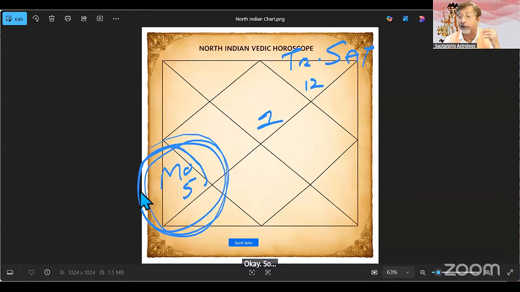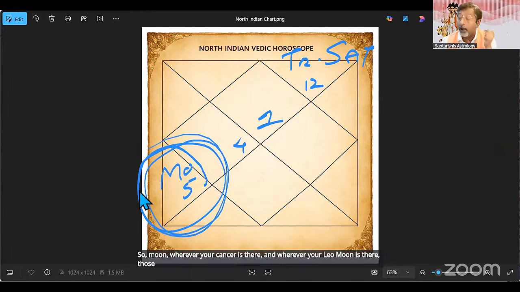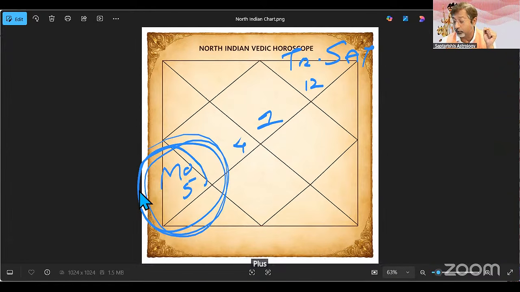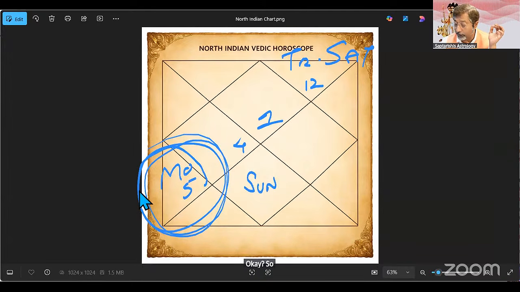Whichever house Saturn is sitting in, and moon will own some house, those two houses will get affected. Wherever your Cancer is, wherever your Leo moon is, plus where the sun goes and sits in your natal chart. I'm marking these three houses as red.